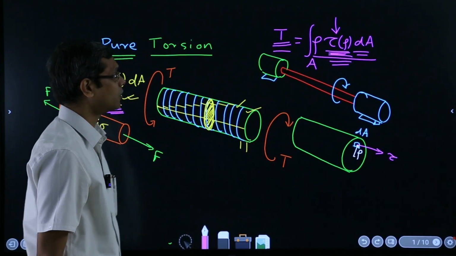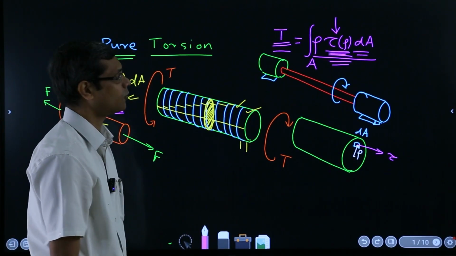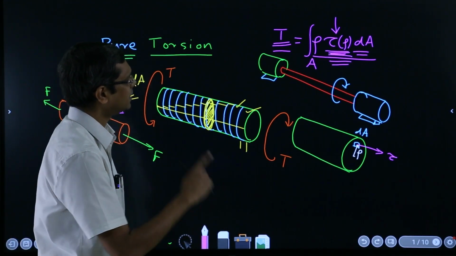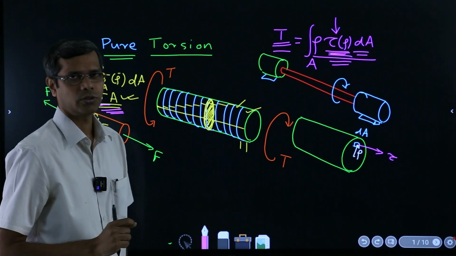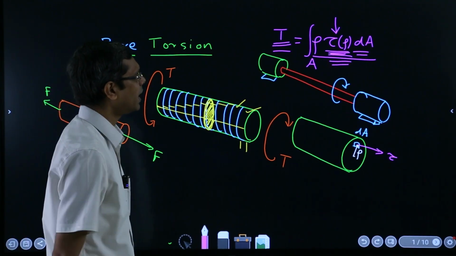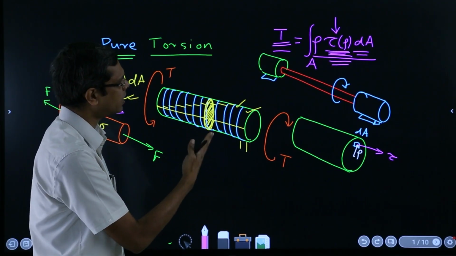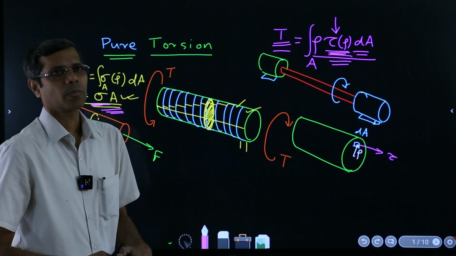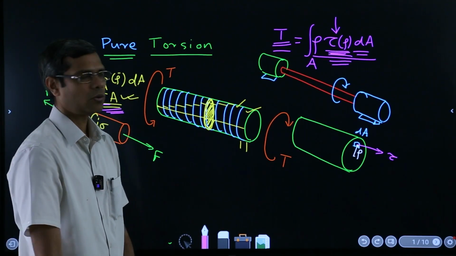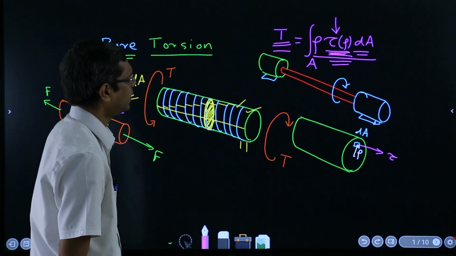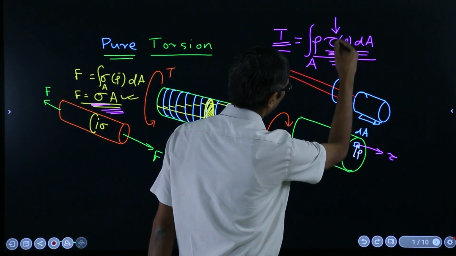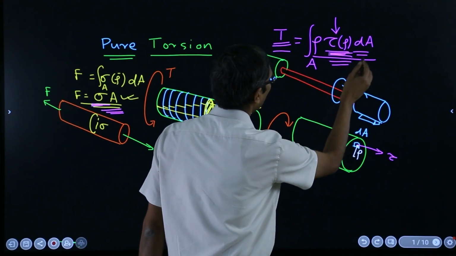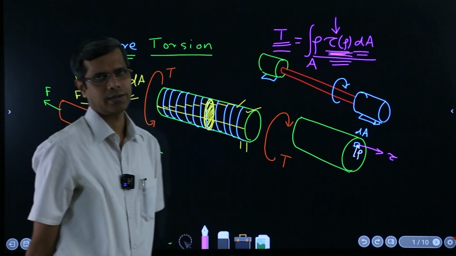I want to again emphasize that this tau will be a function of rho, and you cannot assume it to be uniform. We will in fact derive the distribution of tau over the cross section. But whatever the distribution, this relationship will be valid for equilibrium.